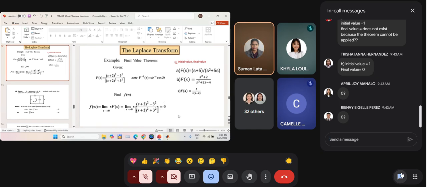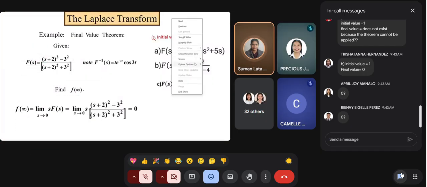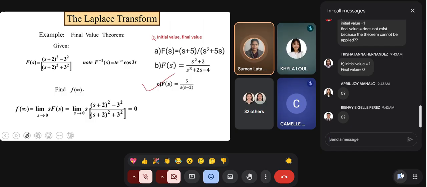The question is clear. You have to find out the initial and final value for C. Everyone try this question, and through this you will be able to remember the concept of initial value as well as final value. For initial value, S of fs, S tends to infinite, and for final value, S of fs, S tends to 0.